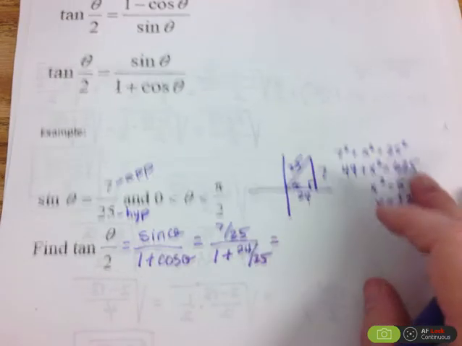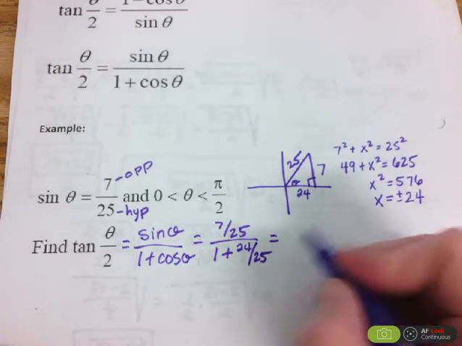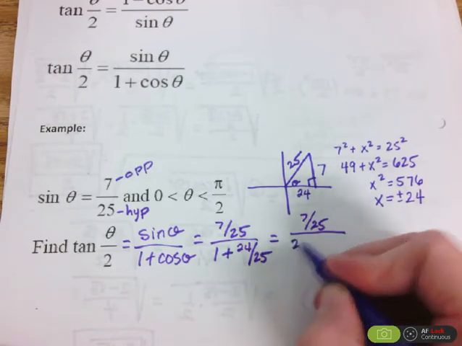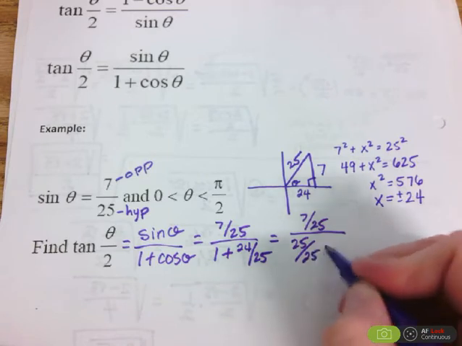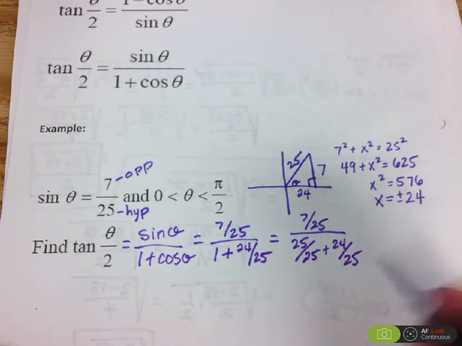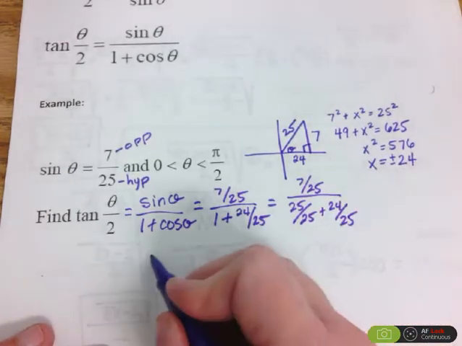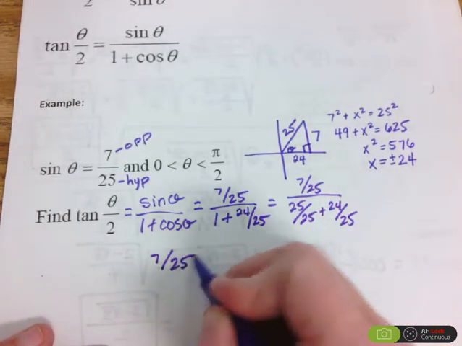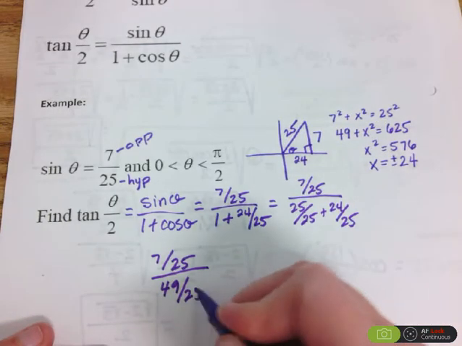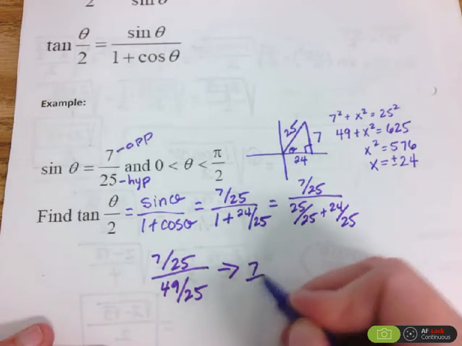Okay. I need to combine, so I'm going to change my 1 to what? 25. Good. 25 over 25. So I get 7 over 25 over 49 over 25, and then you can change your division to multiply by the reciprocal.